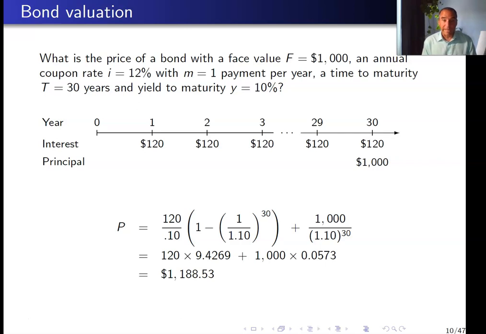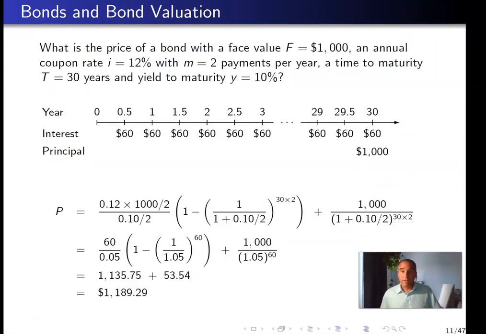This will push the price of this bond up until it reaches a point where it's consistent with the rest of the market. So $1,188.53 is the price which provides the bondholder with a return of 10% over the life of the bond, which is consistent with what other bonds with similar characteristics are offering in the market.